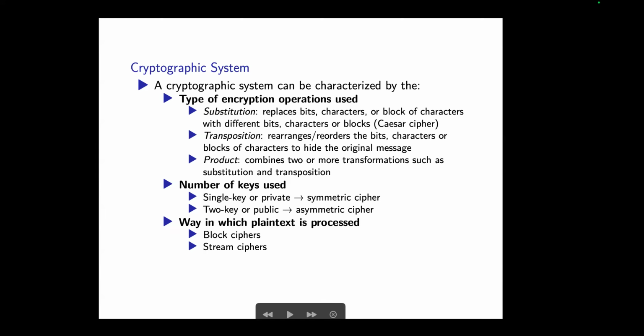So lazy fox jump. Okay. So we say lazy fox jump, and then we fill it with some filler characters, let's say X's.